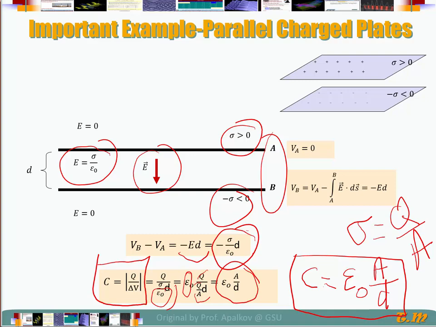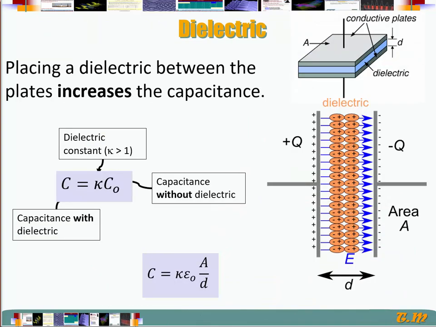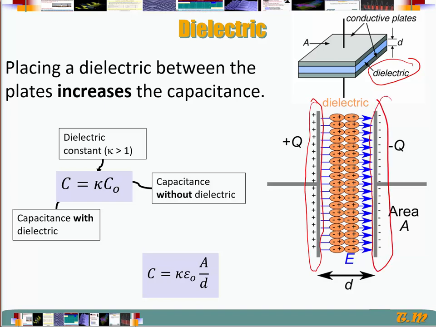Now, if we place an insulator in that capacitor, what we call a dielectric, what's going to happen? When we have a buildup of positive charge in this conductor and negative charge in this conductor, in the insulator that's going to reorient the molecules so that this side of the insulator is going to have negative charges and this side of the insulator is going to have positive charges.